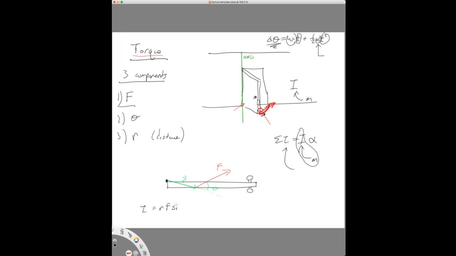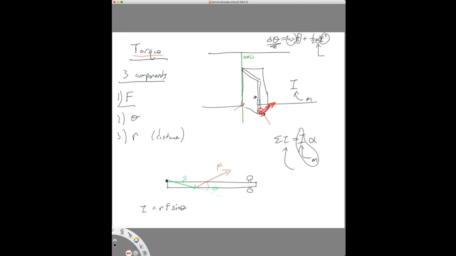Those are the three components: how hard we push, where we push, and what angle we push. It's possible that you push very hard but get no torque whatsoever based on a bad choice of the angle or a bad choice of R. If I push just on the hinges of the door, it will never rotate. And if I'm only a couple of inches away from the hinges, I'm going to have a really hard time.